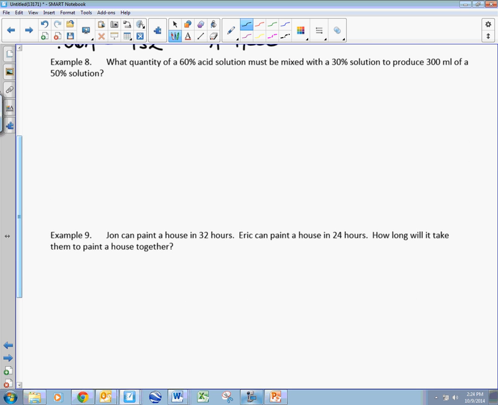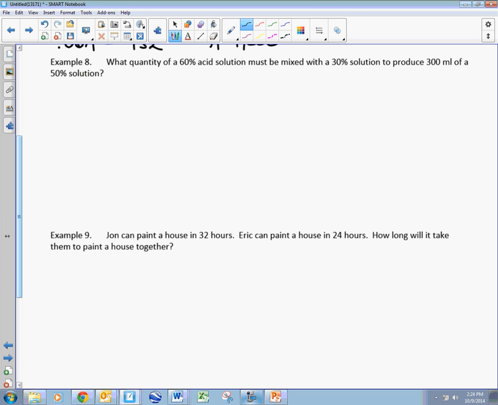What quantity of a 60% acid solution must be mixed with a 30% acid solution to produce 300 milliliters of a 50% solution? So here's what we have. They've got two different containers here, and one's got 60% acid, the other's got 30%. We want to dump them together.